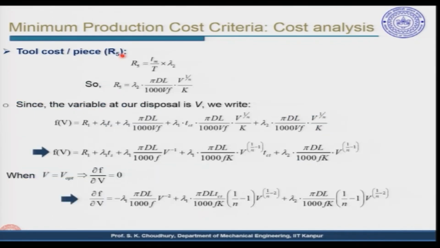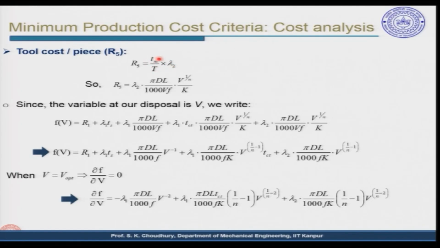Now, for the tool cost per piece, again we have to calculate how many times we are changing the tool, and that has to be multiplied by the tool cost per piece, which is lambda 2. Here you have to be careful that lambda 1 will not be involved, because here it is the tool cost which we are incurring, the number of times we are changing the tool, and that has to be multiplied by the tool cost per piece.